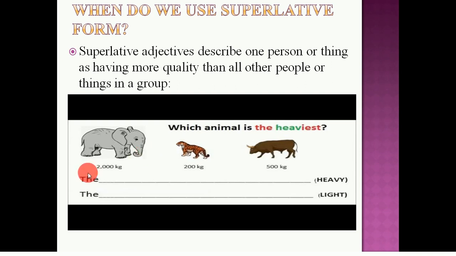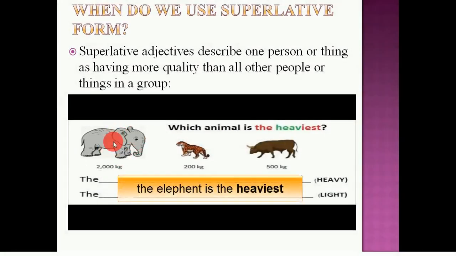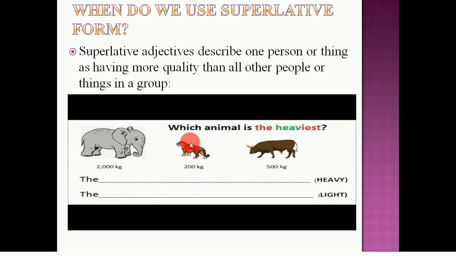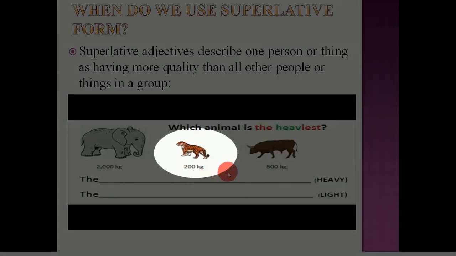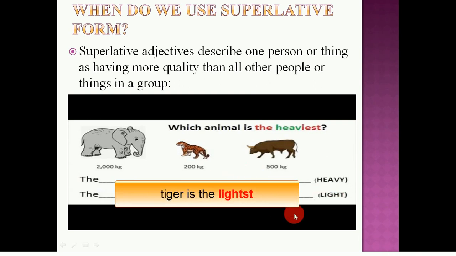Okay, وش نقولوا the elephant is the heaviest. هنا قارنا elephant مع الجروب هذا كامل. Okay, وكي نحبوا نقارنوا شكون فيهم الأخف وش نقولوا tiger is the lightest. Tiger is the lightest.